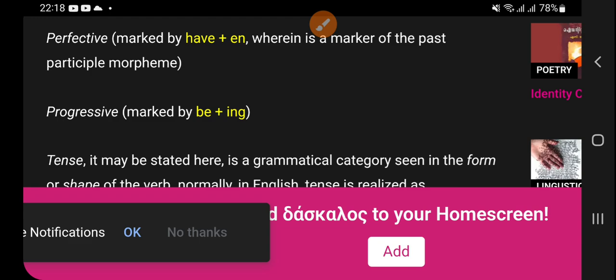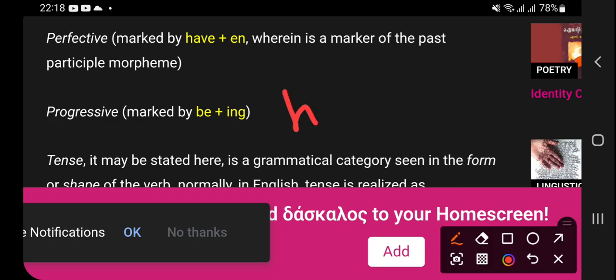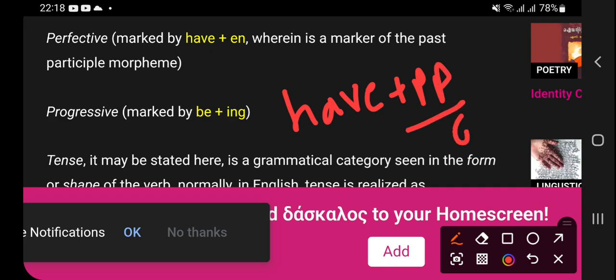Past participle is, for example, gone. So perfective is marked by have and en. What they are telling is that have is followed by a past participle.